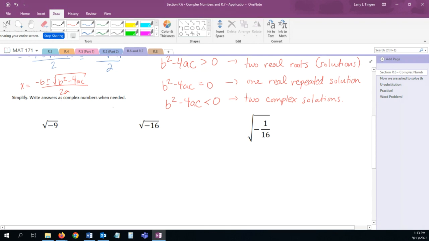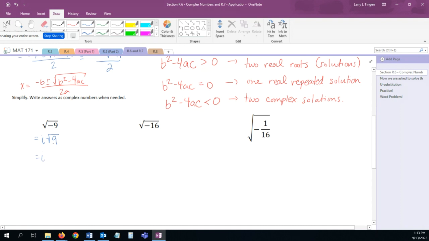Simplify these complex numbers. Square root of negative 9. I'm not going to go into the detail I did above. The rule says if I'm taking the square root of a negative real number, then I can just take that negative out, which is really, just like I said, you factor out a negative 1, and the square root of negative 1 is i.